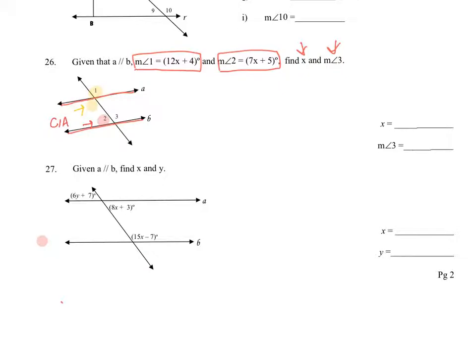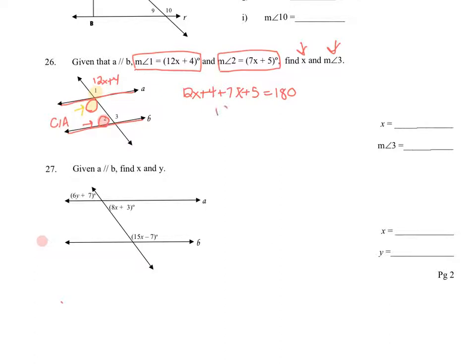And so if this angle up here for the measure of angle 1 is represented by 12x plus 4, then this angle here is as well. So I'm going to take that 12x plus 4 and add it to the 7x plus 5 and set that equal to 180 since they are supplementary.